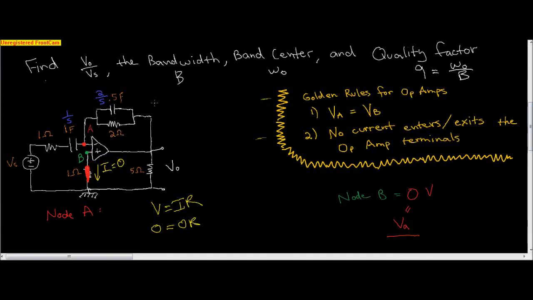So now we need to figure out how to get an equation out of this guy so that we can get VO over VS. So we're going to use Kirchhoff's current law at node A. We'll say the current going in has to equal the current going out.